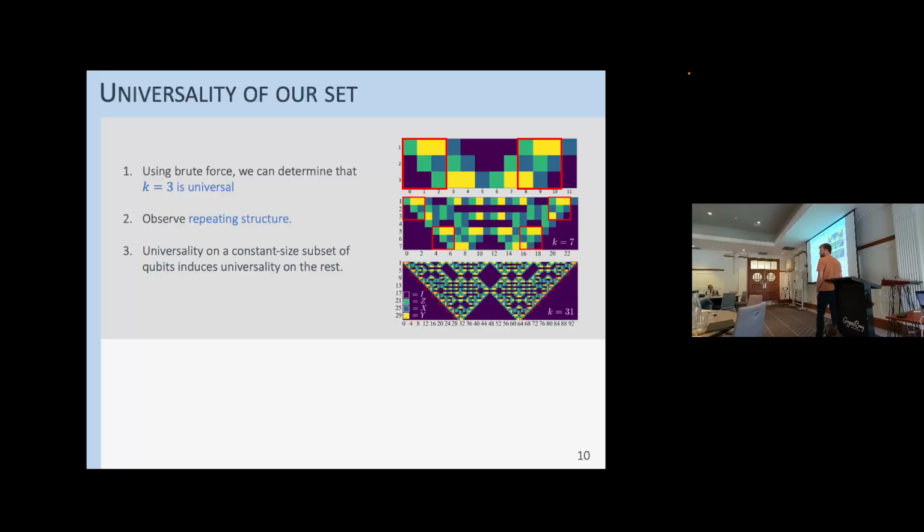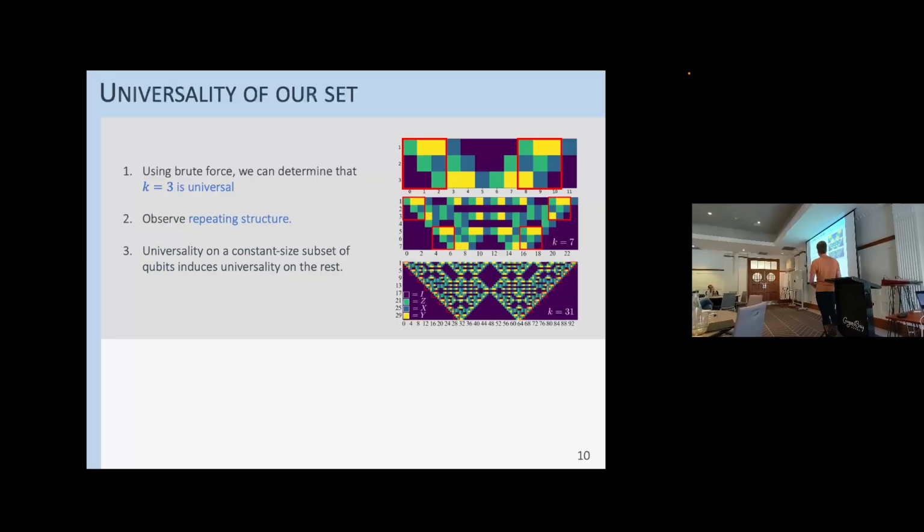So this is suggestive, but it's not at all a proof. But if you stare at these fractals until you go insane, you will eventually realize all the pieces that need to be put together. But the general sense, which we generalize to a larger class of sets of polys, is you can have a case where you have universality on the first few qubits, which is easy to prove.